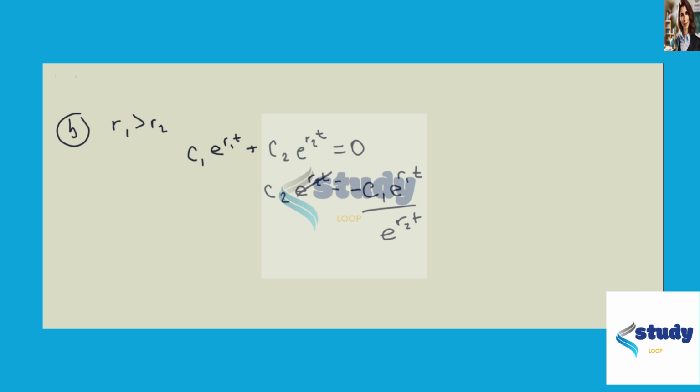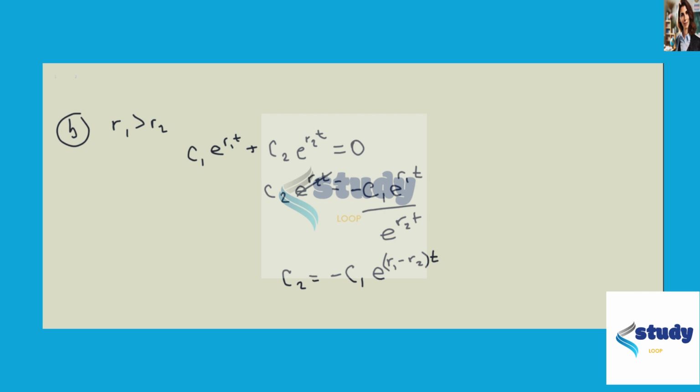So now I have C2 equals a negative C1 e. We subtract our exponents, R1 minus R2, and that's all being multiplied by t.